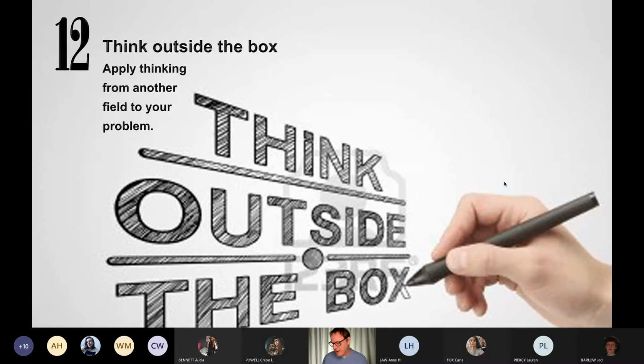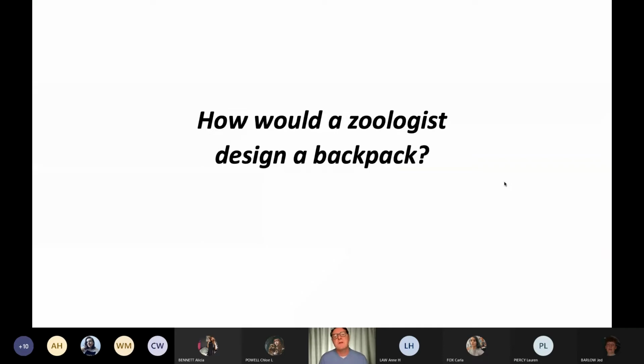I'll give you an example. For instance, how would a zoologist design a backpack? Say you're designing a backpack as a graphic designer, that's one thing. But if you pretended that you were a zoologist, you would have different influences and a different perspective. You'd definitely have a different knowledge base.